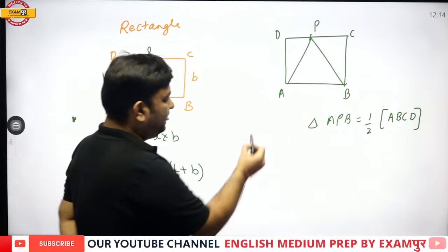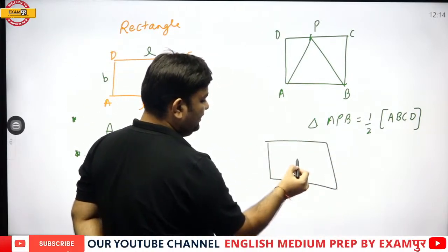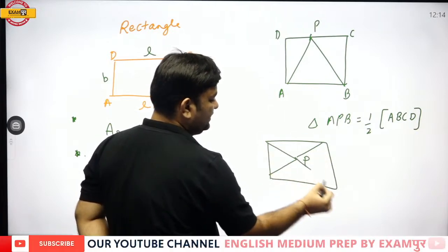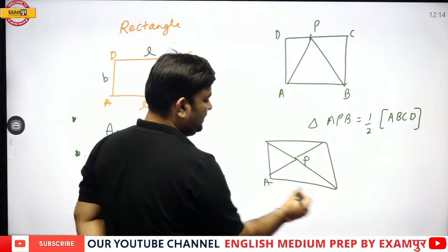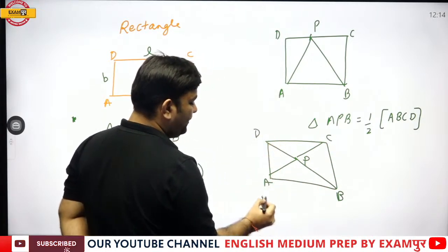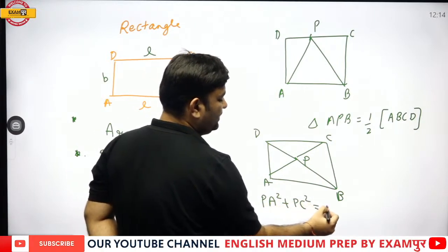And similarly, if P is any point inside the rectangle, then we can also make this property that PA square plus PC square is equal to PB square plus PD square.